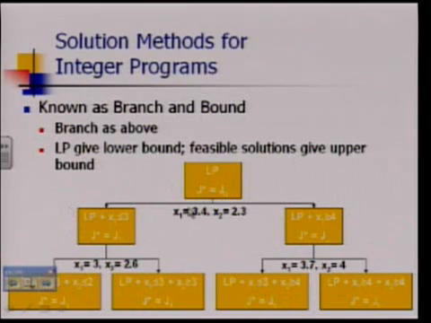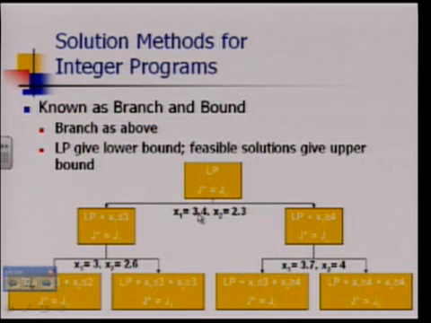In the first case, if you solve x1, x2 without integer constraint, you end up with x1 3.4, x2 2.3, okay? And then you evaluate your objective function. That's considered what? The lower bound, right? Okay, and then you need to make it feasible, right, for x1 to be integer.